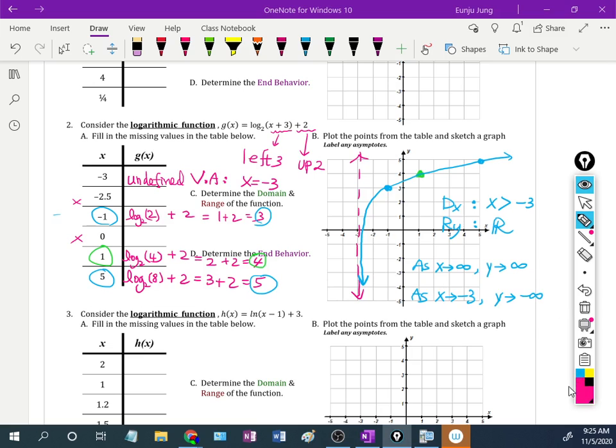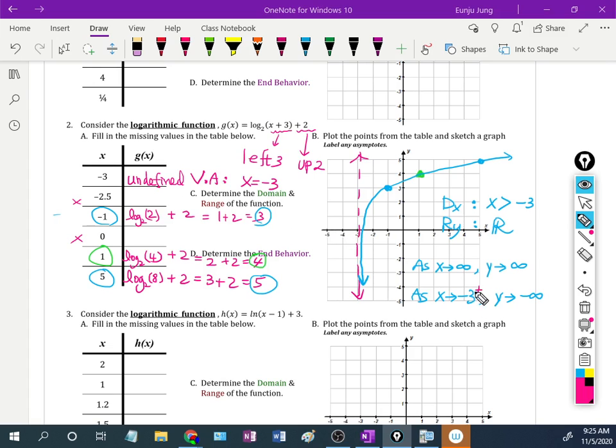Let me add one little notation from calculus, okay? This x value is coming towards negative 3 from the right-hand side, so we put a plus sign after the number, and that tells us the direction, that it's coming from the right-hand side, because there is no number from the left-hand side.